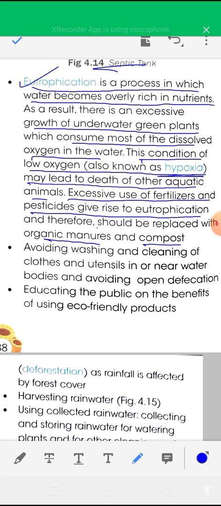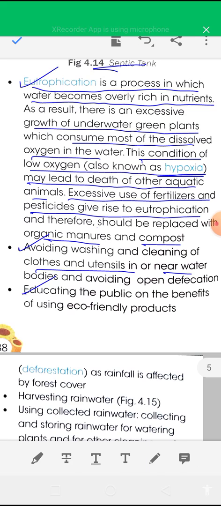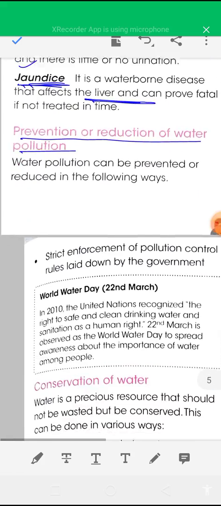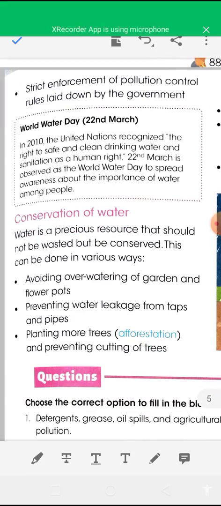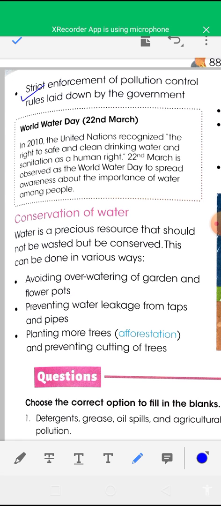Also avoid washing and cleaning of clothes and utensils near water bodies, and avoid open defecation. Another method is educating the public on the benefits of using eco-friendly products. These are some methods of controlling or reducing water pollution. And last is strict enforcement of pollution control rules laid down by the government.